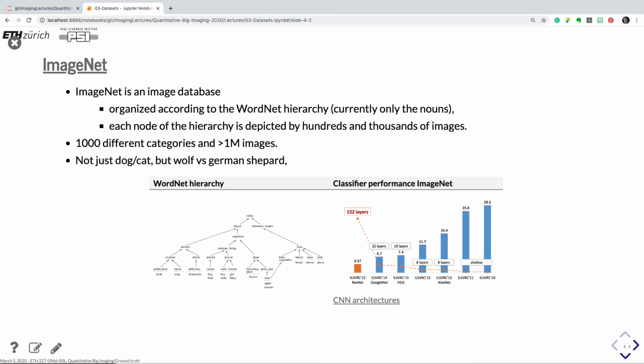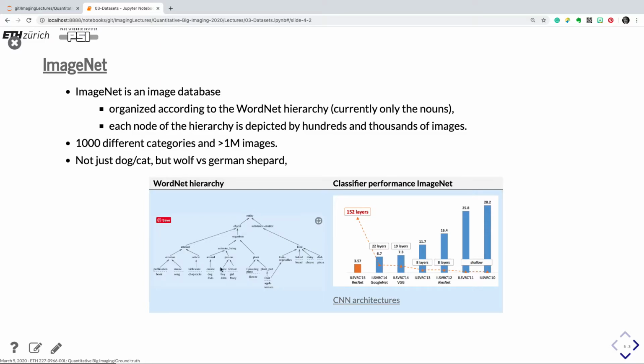ImageNet is a much larger one. It's a huge image database with different sizes of images and different categories, and it's organized in a hierarchical way. In the beginning, it was based on the same principle as WordNet, which is a large categorization of words.